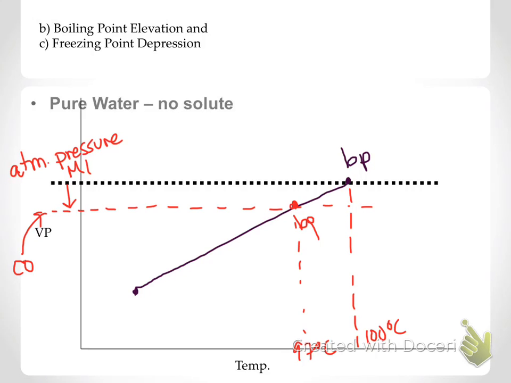So what's interesting is that water actually boils at a lower temperature when you're on top of a mountain because it reaches this intersection more quickly. It doesn't take as much heat energy to get those water molecules to meet the atmospheric pressure.